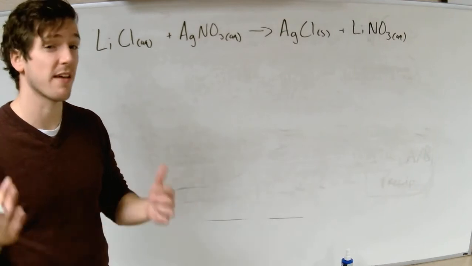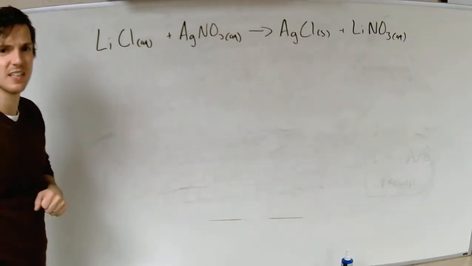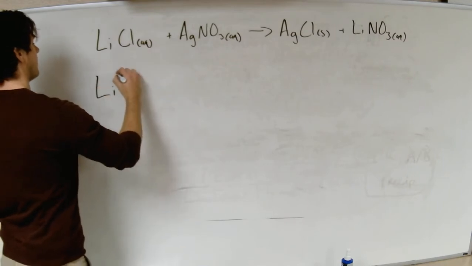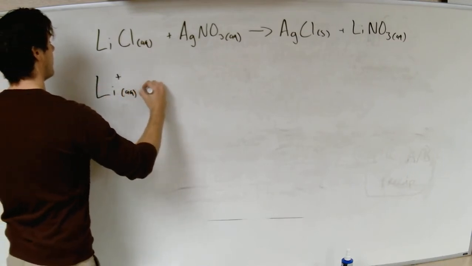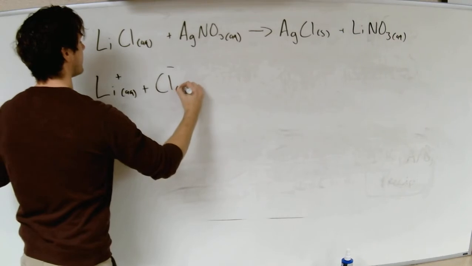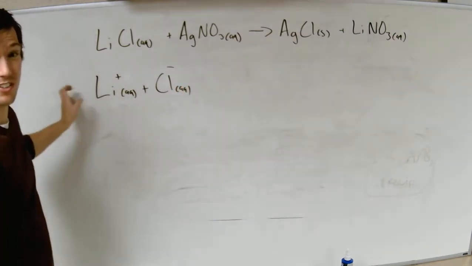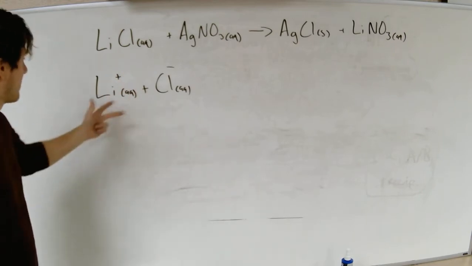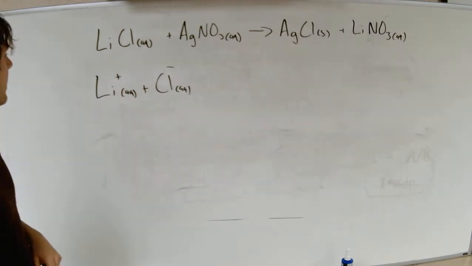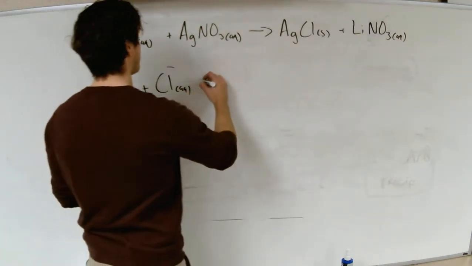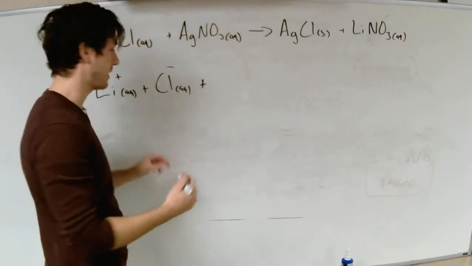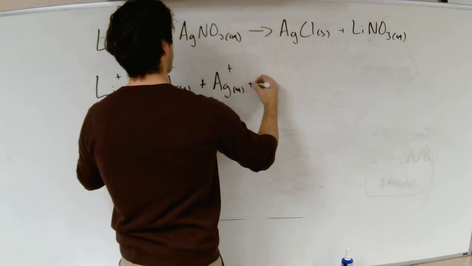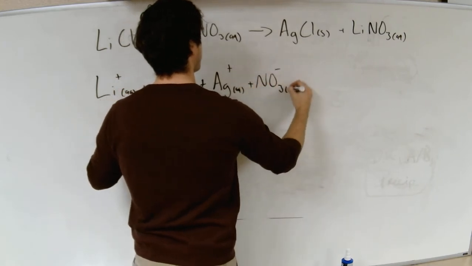So we're going to split up everything that's aqueous. Lithium chloride is aqueous, so it's going to break apart into Li plus aq and Cl minus aq. There's not a 2 in front, so I don't need 2 of them. There's not a 2 down here, so I don't need 2 of them in my split up reaction. AgNO3 is aqueous, so I'm going to split it up into Ag plus aq and NO3 minus aq.